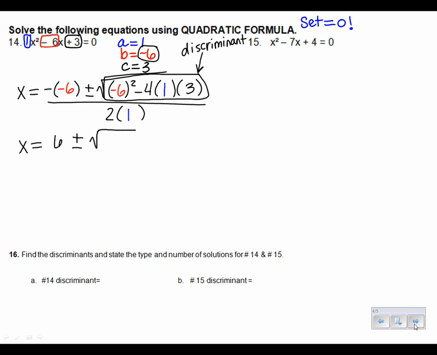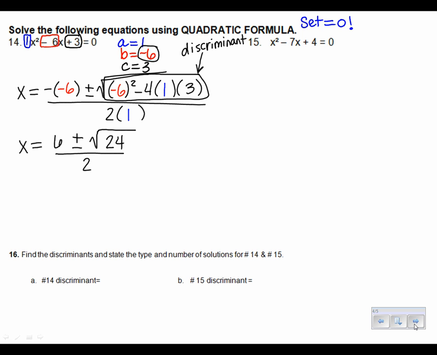If I actually type that in my calculator, and if you could see me now, you would see I'm typing in my calculator, parentheses and all, -6 in parentheses squared, minus 4 times 1 times 3 in parentheses. All of that underneath the radical, underneath the square root, simplifies to positive 24. So on the bottom, 2 times 1 gives me 2.